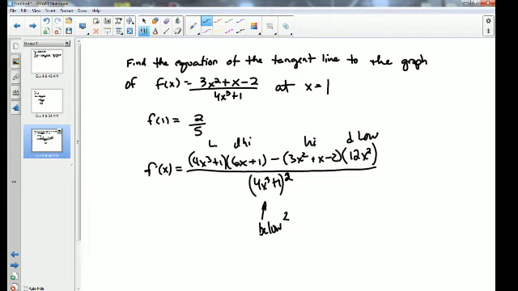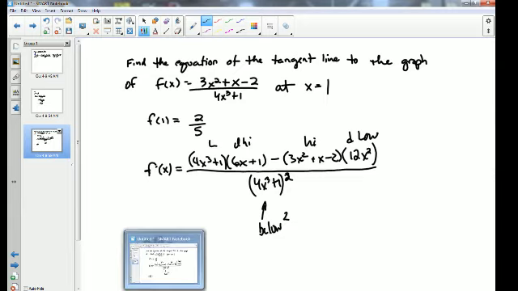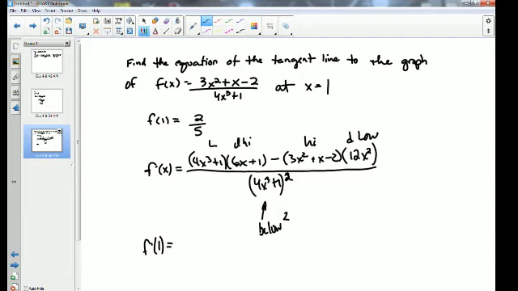Okay. And now we get to do the fun part where everybody screws up. The derivative's easy, right? Now plug 1 in and get the slope. F prime at 1. That's why we have calculators. Yeah, they're called brains, you know? Okay, so plug 1 in, you get 5, 7.